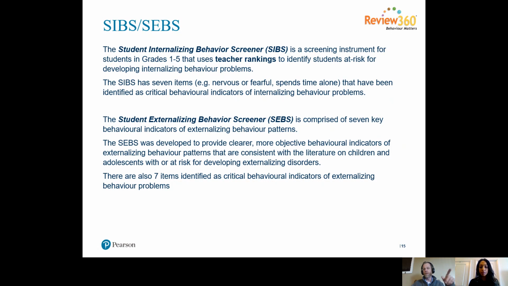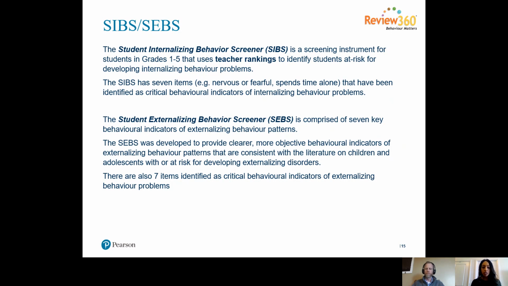However, with the BASC 3, you're able to get the perspective, the ratings from the teacher, the parent, and the child, whereas the SIB-SEBS is only from the teacher. I will also say that the item selection will be a little bit more specific. So for the internalizing, we're really going to be pulling out feelings of nervousness or fear, withdrawn, seems unhappy, complains about being sick or hurt, like very specific feeling-based questions.